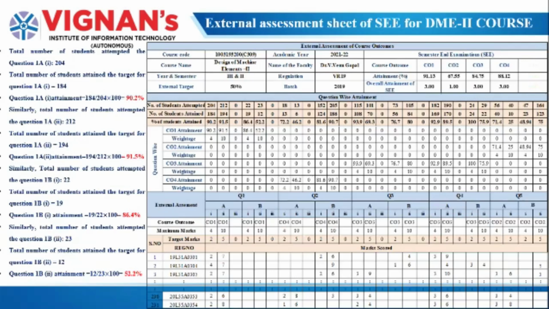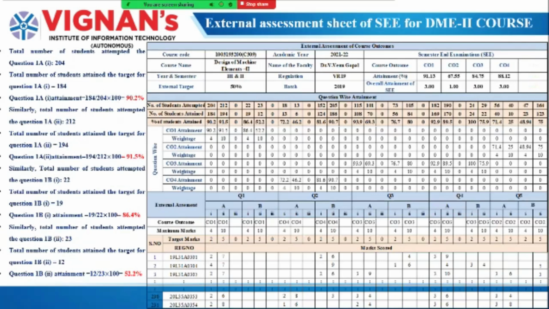Let us see the external assessment for the SCE, the semester end examination. Here also we are having different questions. Question 1, 2, 3, 4, 5. As you know, in the end examination we have 5 questions.